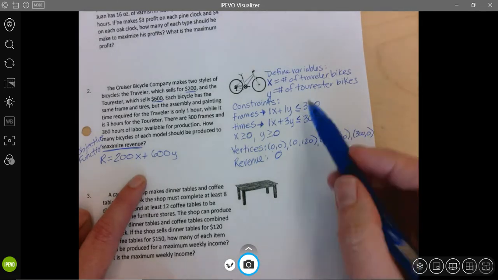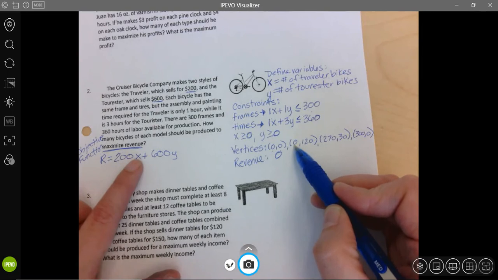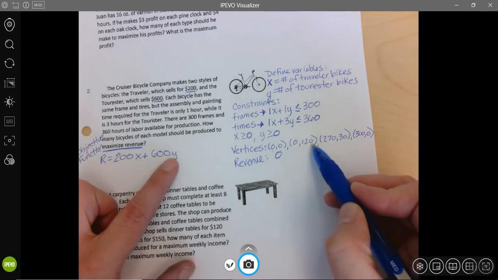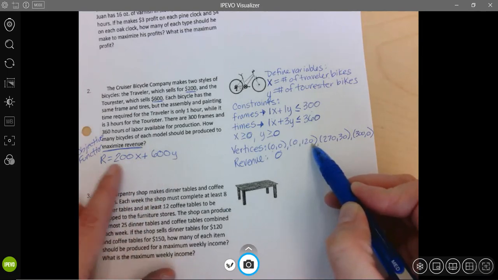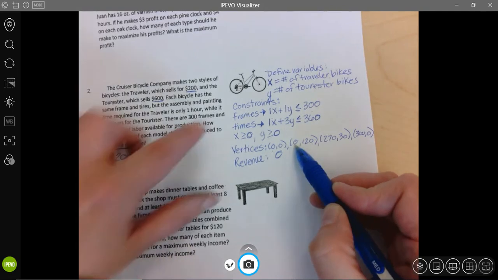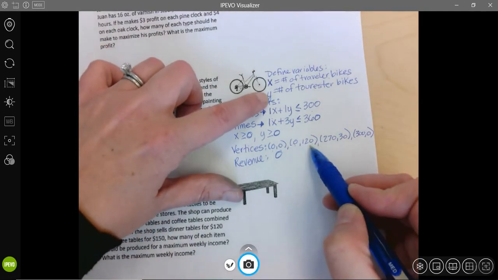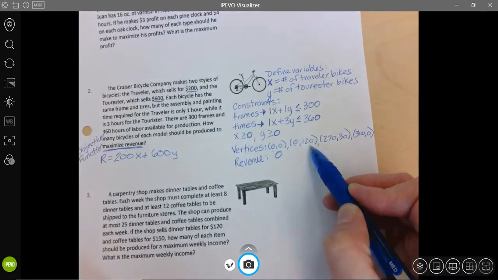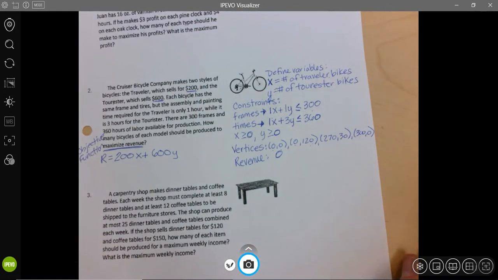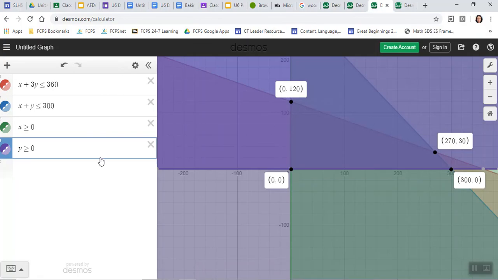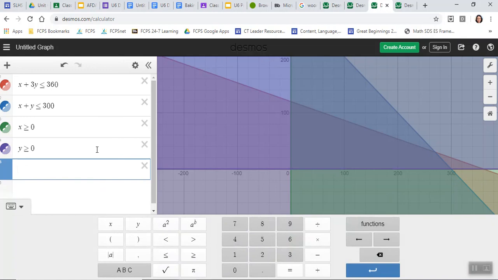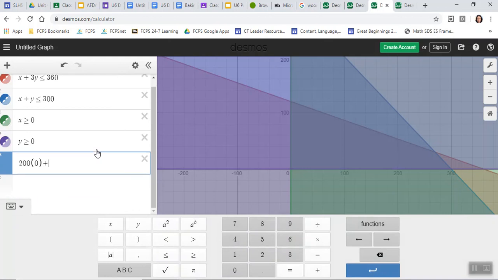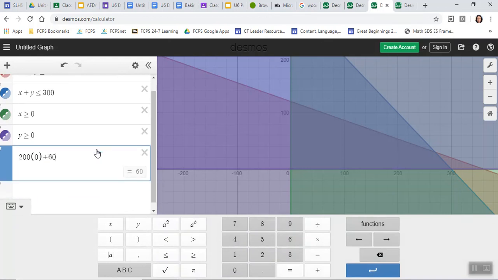Alright, so next thing you guys need to do is you're going to substitute 0 for the x, 120 for the y, and you're going to find out how much revenue you get if you make 0 travelers and 120 touristers. So that's literally like a calculator problem. I'm going to switch it back to my calculator to do that. So it said 200x, so instead of x I'm going to put in 0 plus 600y.